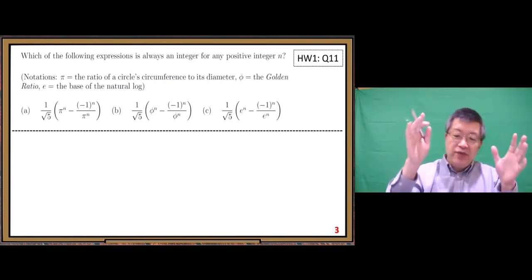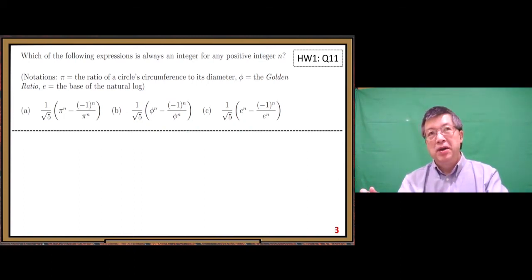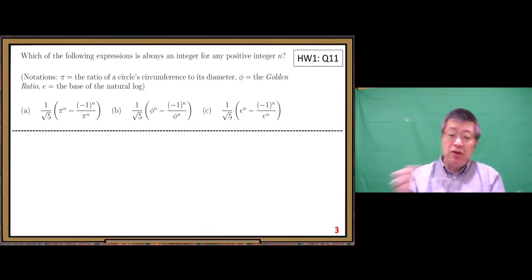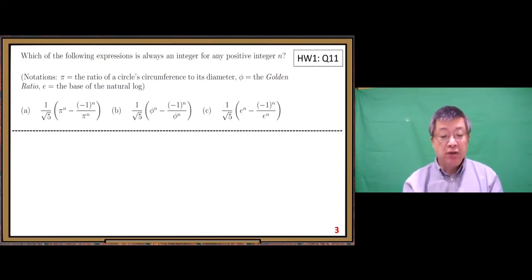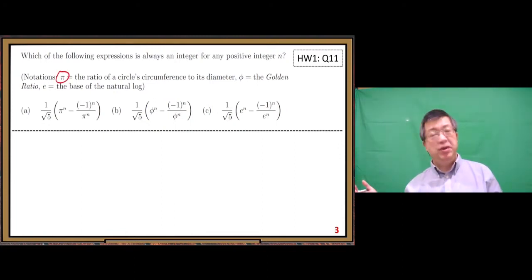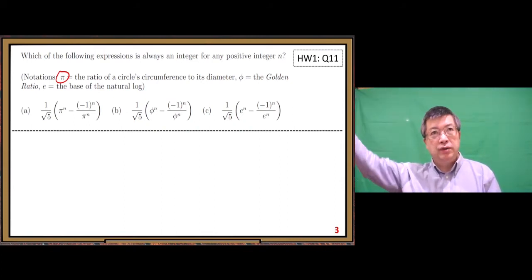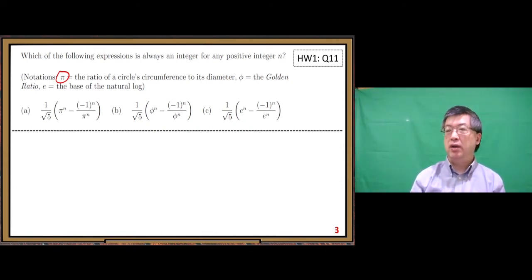All right. So this one, some students may be scared by this question, because when you look at the expression, it looks so complicated. Here, we need to use pi, 3.142, something.